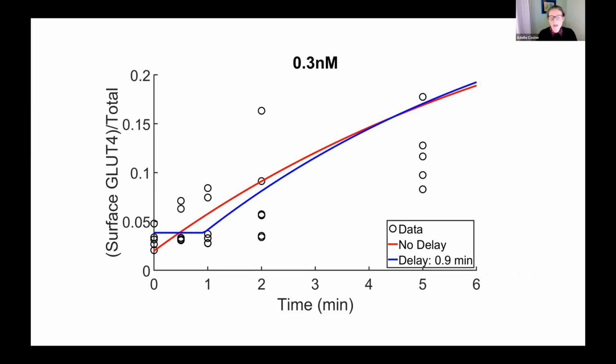And so this delay turns out to be about 0.9 of a minute. Remember, GLUT4 is downstream of AKT, and this is 0.3 nanomolar of insulin being applied. So 0.3 nanomolar of insulin on, measure the response of GLUT4 right down the end of the cascade in response to that.